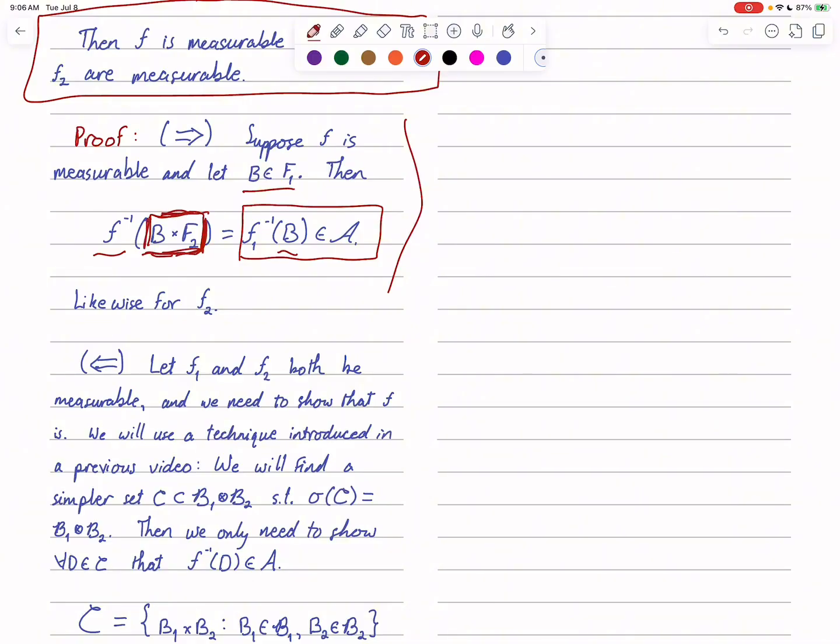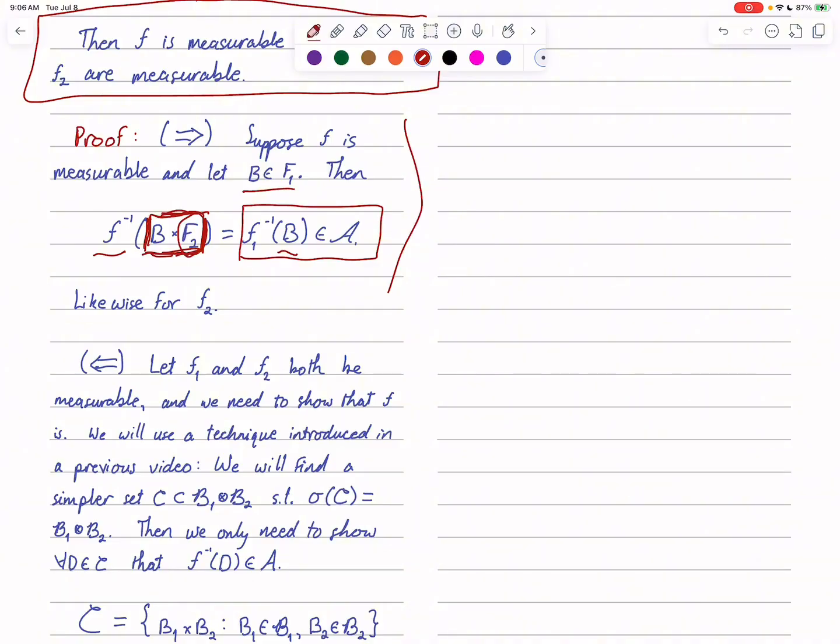Well, we certainly need to get a measurable set. And F2 is certainly measurable in the second sigma field, because it's the entire set, and one of the properties of sigma fields is that they always contain the entire space.